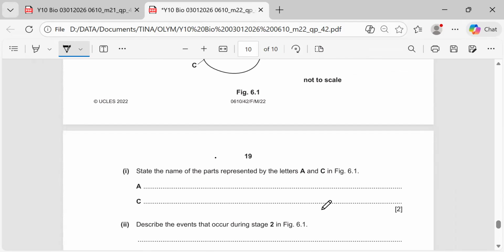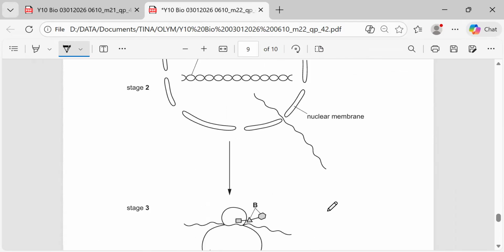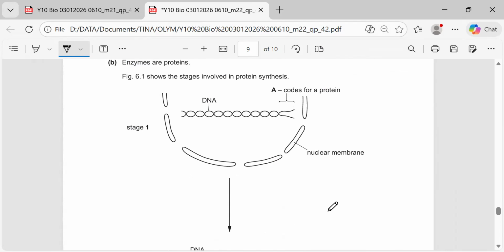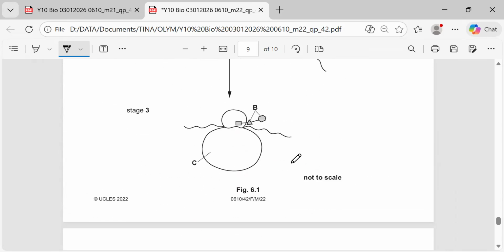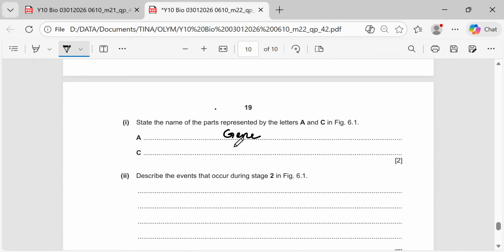But you don't learn that here. Okay, state the name of the parts present in A to C. A is protein. A gene codes for a protein. So what do we call that thing that I was just talking about? Codon. C is ribosome, because that's where you make protein.